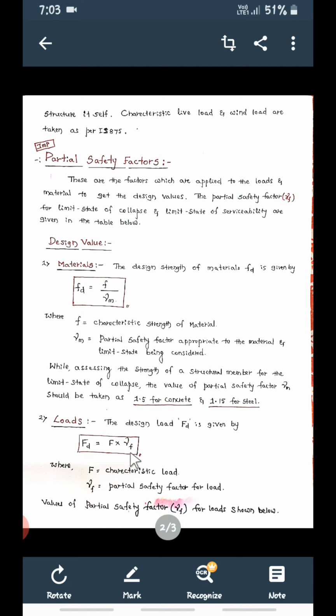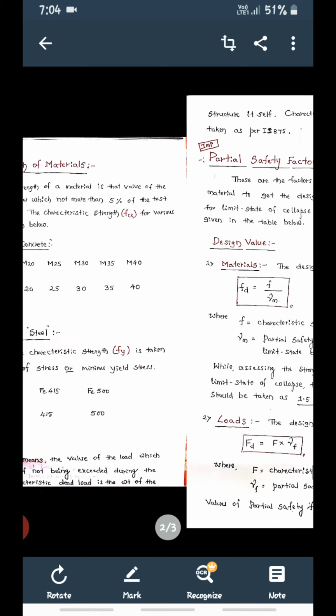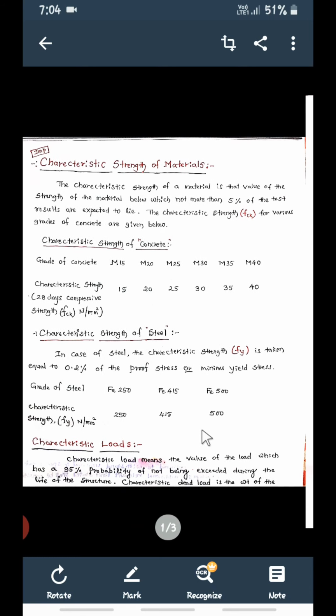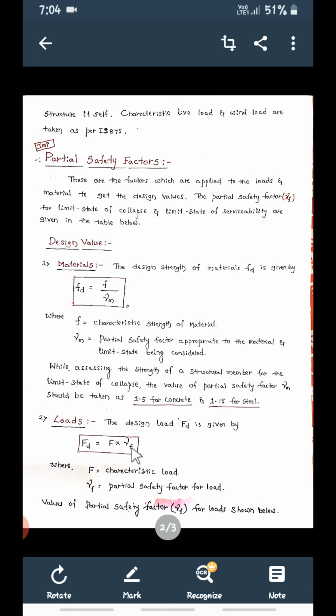For loads we are multiplying. So the characteristic load is multiplied by the partial safety factor, where F is the characteristic load, multiplied by gamma F, just like here gamma M, here it is gamma F. Only difference is for materials we are dividing, for loads we are multiplying.